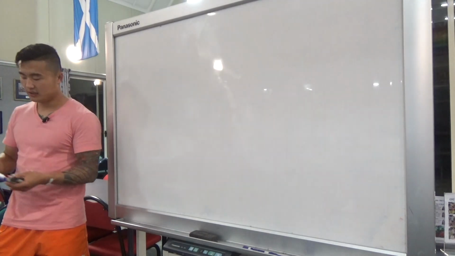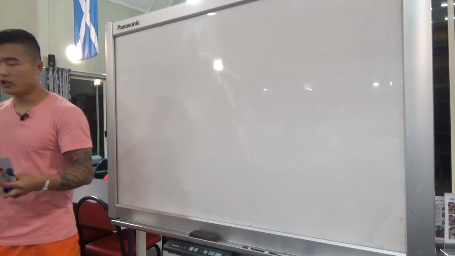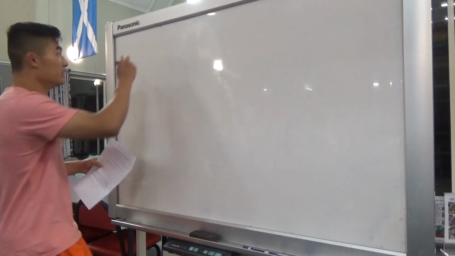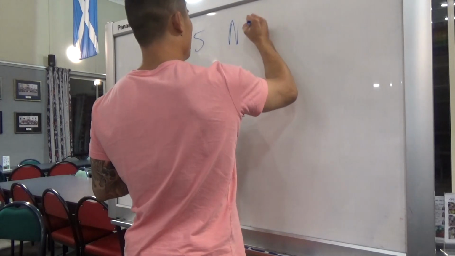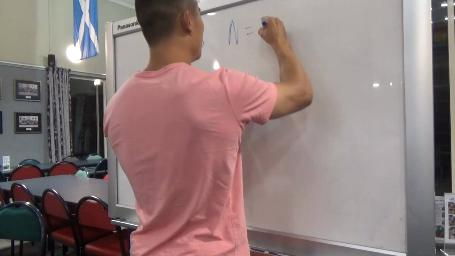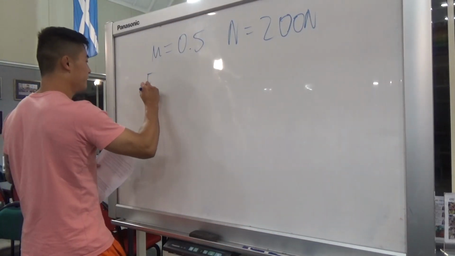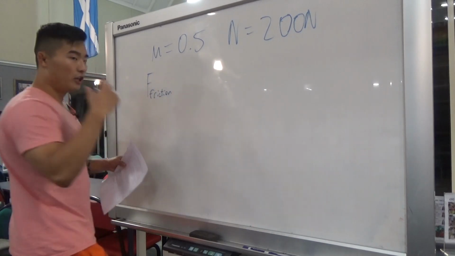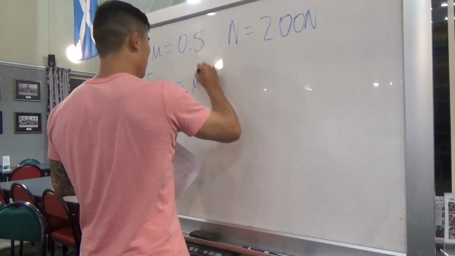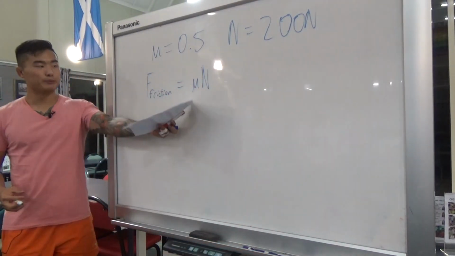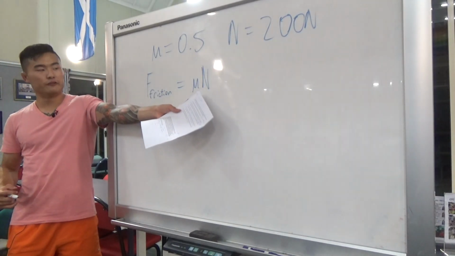Option D, the box will speed up if the girl pushes with a horizontal force greater than 100 newtons. Okay, so we can calculate the force of friction on the box because we know the coefficient of friction is 0.5. We know that the normal force is equal to 200 newtons. And we can calculate the force of friction, which will be in the opposite direction to which the box is moving. So the equation for the force of friction is mu multiplied by N, the coefficient of friction multiplied by the normal force.